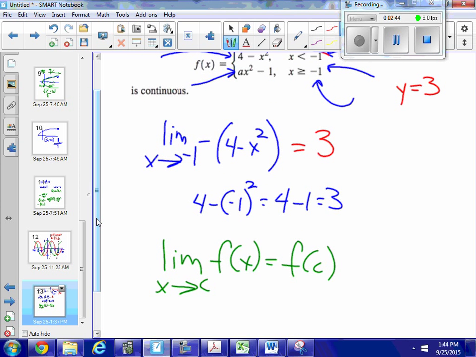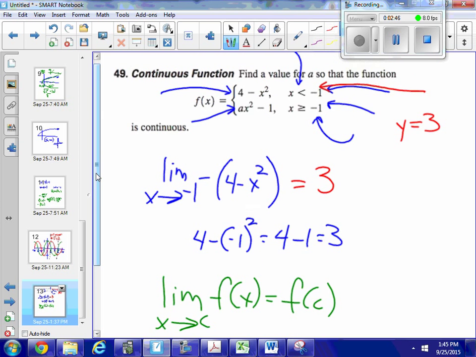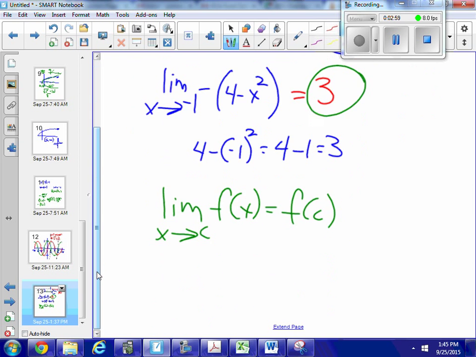So I already know that the limit of this bottom half as x approaches -1 from the positive side also has to be 3. Because in our definition of limits, this is a limit as x approaches c. And remember, if I have a limit as it's approaching c, it has to cover c from the positive side and c from the negative side, if it's going to be a limit without qualifying it with the positive and negative.